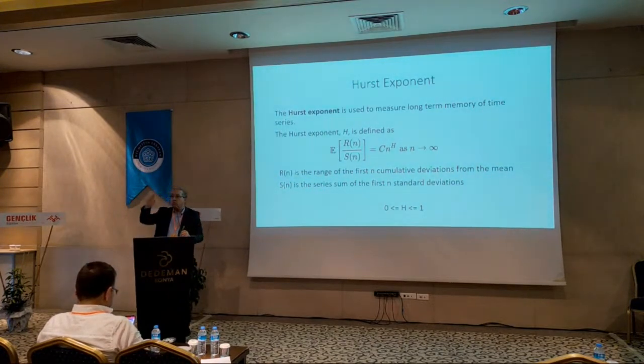It's a complete random walk. You cannot tell whether the series is going to go up or it's going to go down. If this Hurst exponent is around 0, that means that the time series is going to reverse. If it's going up, then probably it's going to start going down. And if it's going down, then probably it's going to start going up.